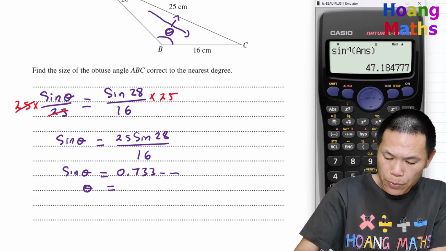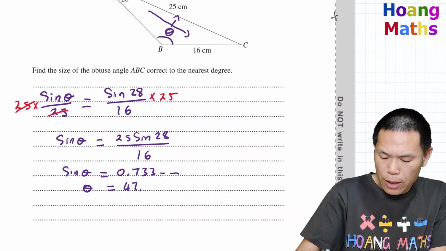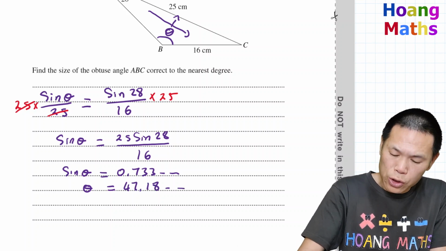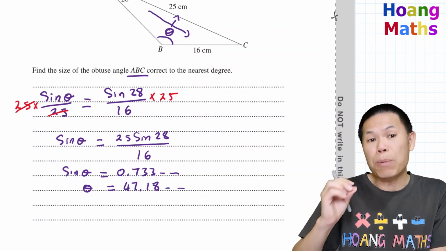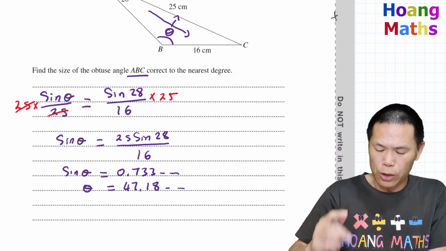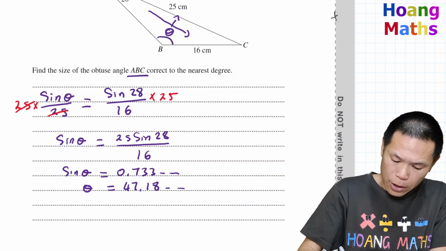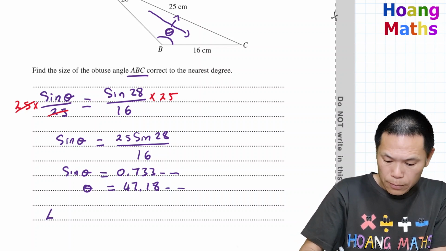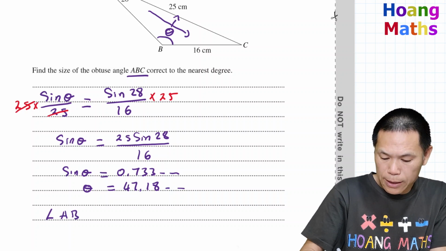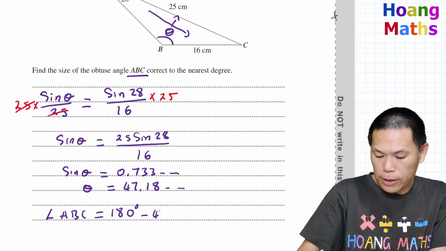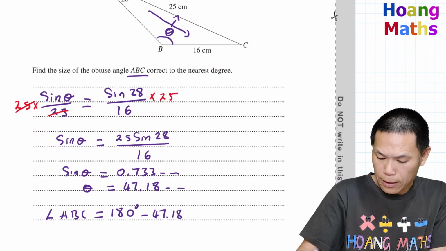Let me just write this down: 47.18 and so on. But this should be angle ABC, and we want the obtuse angle. So therefore we go 180 degrees minus that. So angle ABC is 180 minus 47.18 and so on.